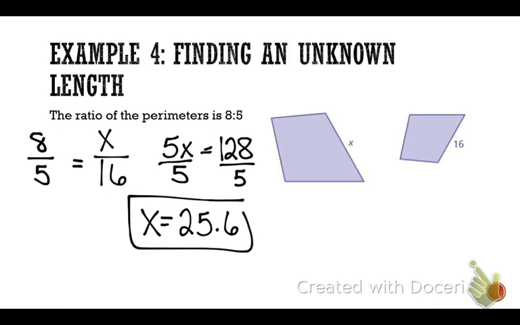X equals 25.6. And again, there's no label or anything, but that's okay. All right, x equals 25.6. So I can use their ratio values to find an unknown side length. All right, and that's what we're going to do now on the last slide.